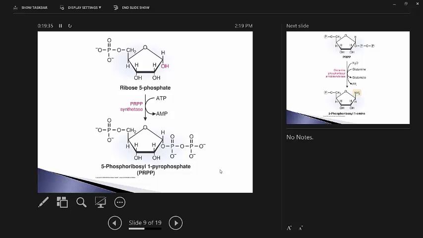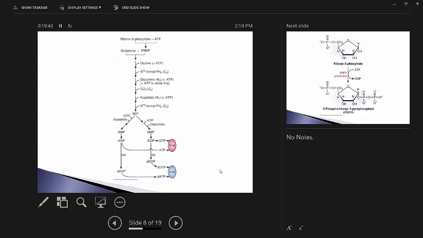The only big piece is glycine, which is 4 or 5 atoms. So let's go back. PRPP combines with that, and that goes in first, and then the glycine goes in, and then the N10 formyl goes in.